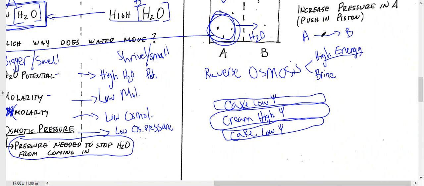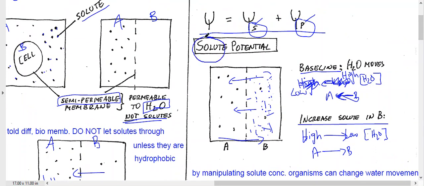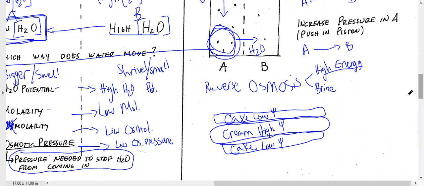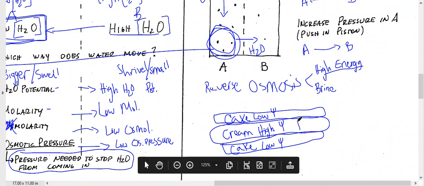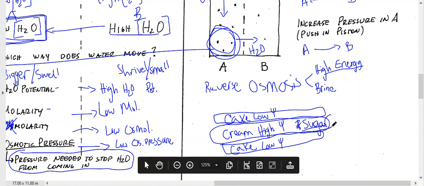So what they do is they manipulate the solute potential, right? What do they do to that cream to help the cream retain water? They pump it full of sugar, right? This cream is super, super, super sweet, right?